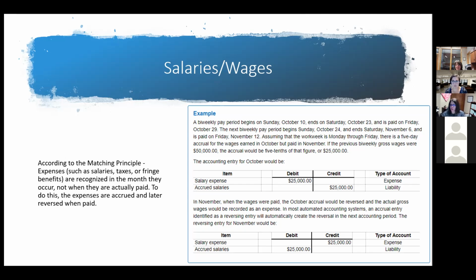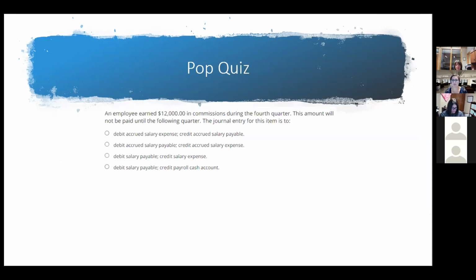Again, accrued salaries. If it had the word payable, you would know that it was a liability and it would show up on the balance sheet. And then at the beginning of the next month, bam, you just reverse it because you're going to record your normal payroll entry. And if you left it, it would be an overstatement.